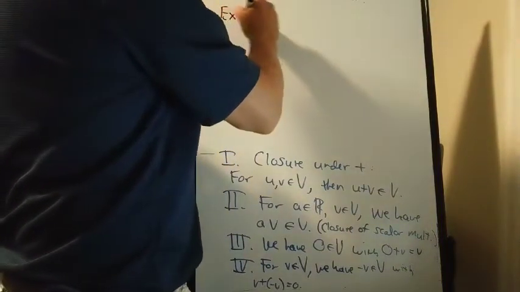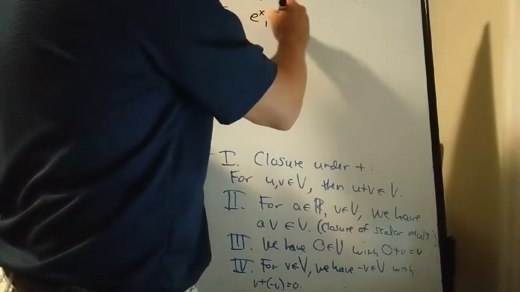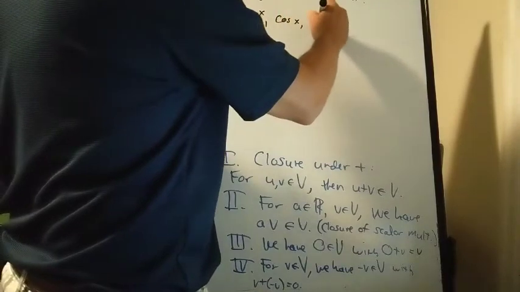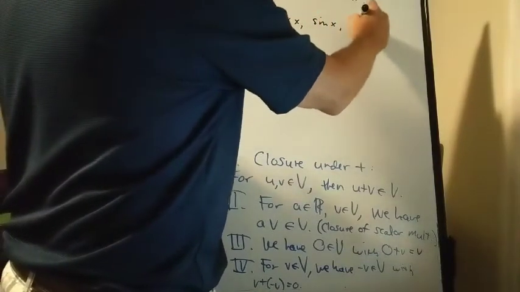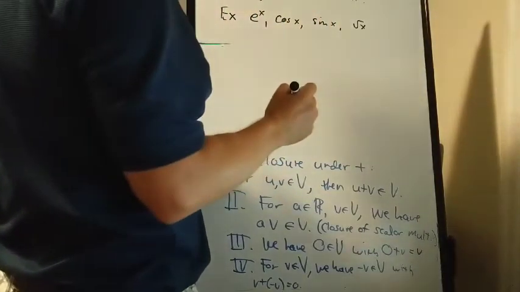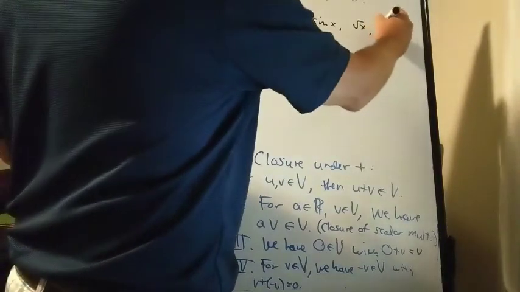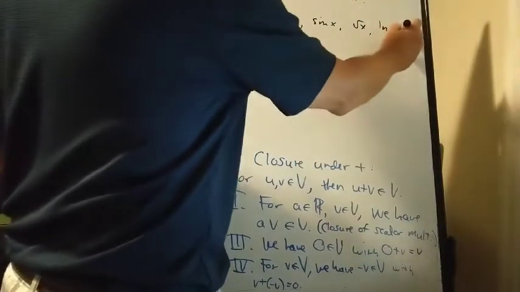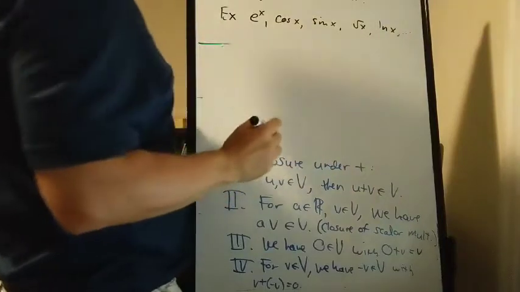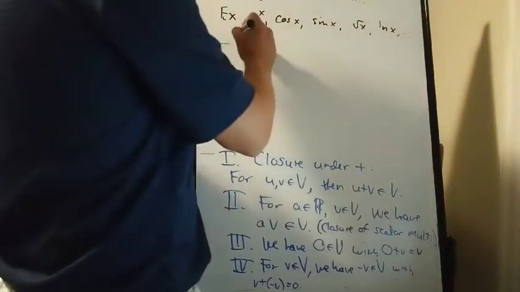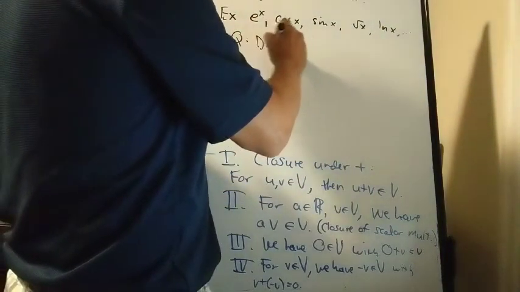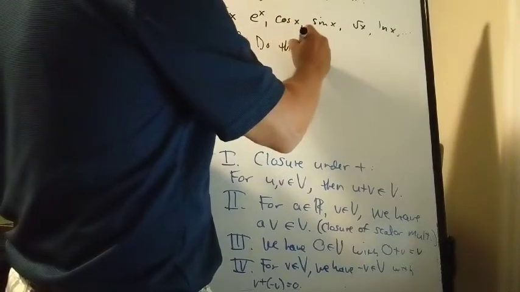So for example, e to the x, cosine x, sine x, square root of x, log x, etc. The question is, do these form a vector space?